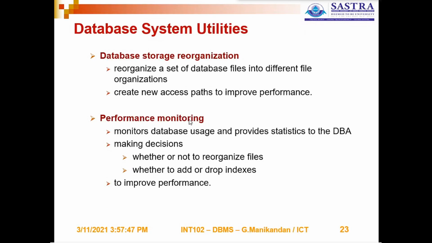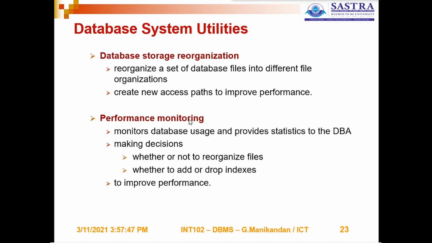They are going to measure the response time. Based on the statistics, they can plan for some reorganization. If the response time is satisfactory, no need to go for reorganization. If the response time is more, they can drop the existing index and create an index for a new field. Or instead of having a simple index on a single field, they can go for a composite index.